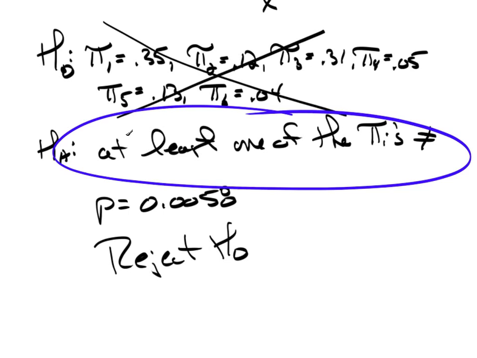Now, from here, we're not going to try to figure out which groups are different. We're not going to do some type of multi-comparison sort of thing like we did with ANOVA. You simply say, hey, it fits or it doesn't, and then stop there.